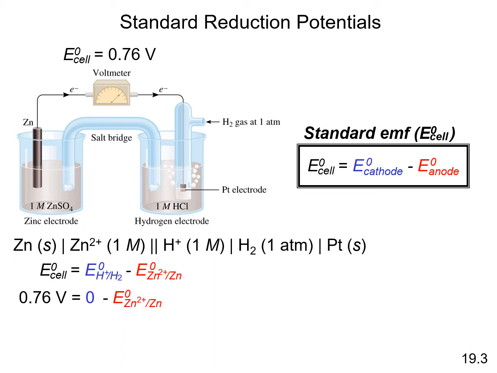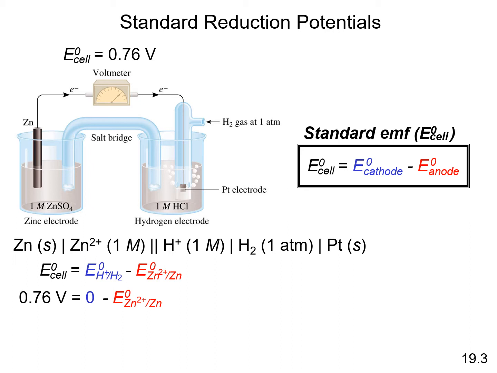And then we get the overall cell potential, that's the sum of the reduction potential at the cathode and also at the anode.